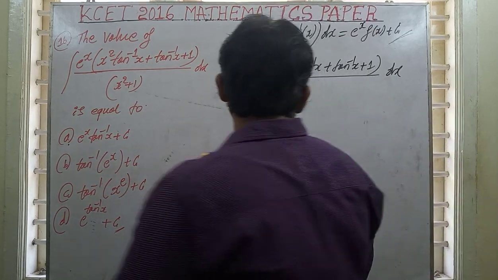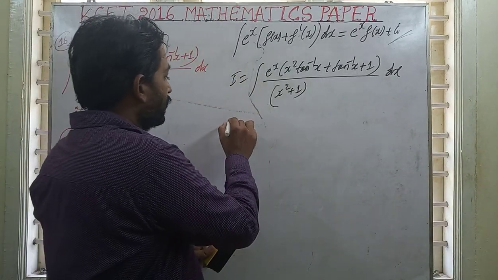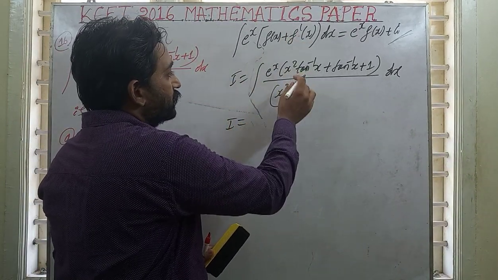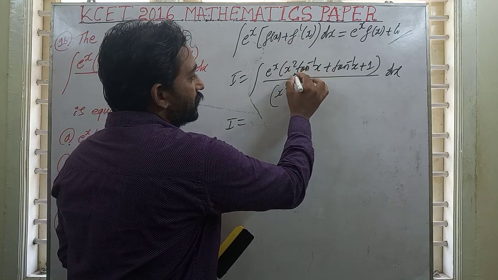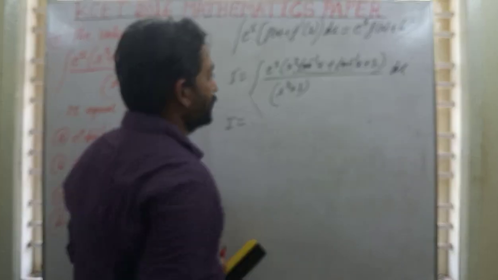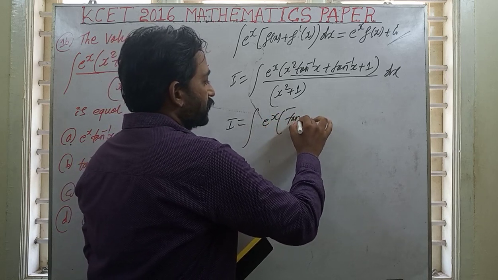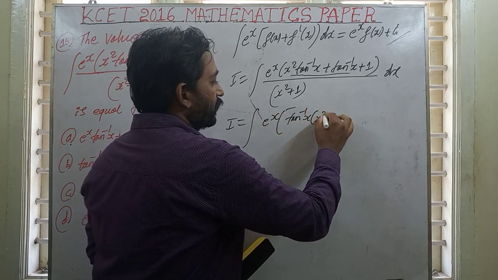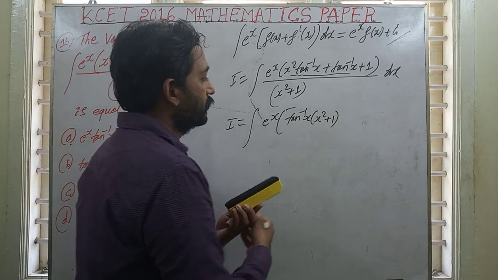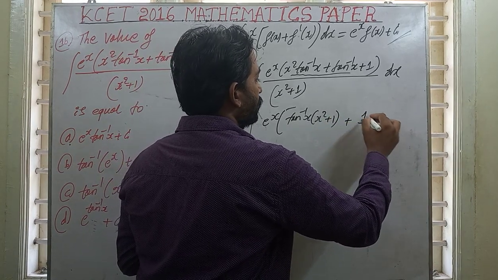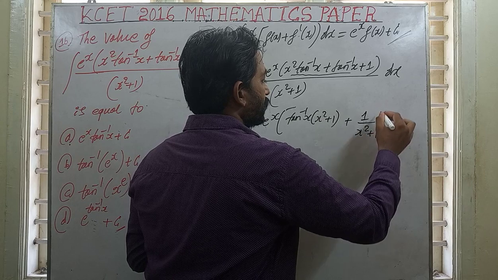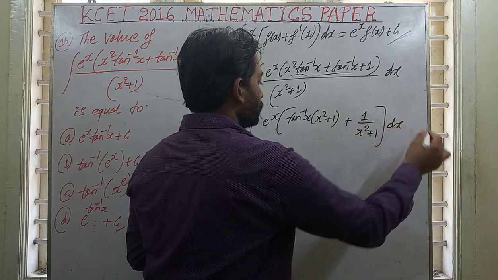A small change is there. So here we take the common term in these two terms, tan⁻¹x, outside, and it becomes tan⁻¹x (x² + 1) + 1, divided by x² + 1, with respect to x.